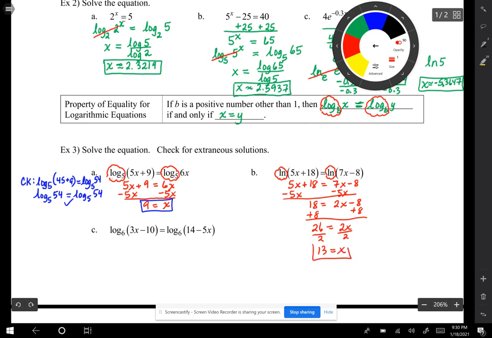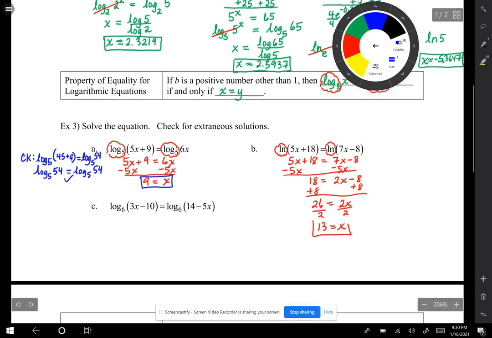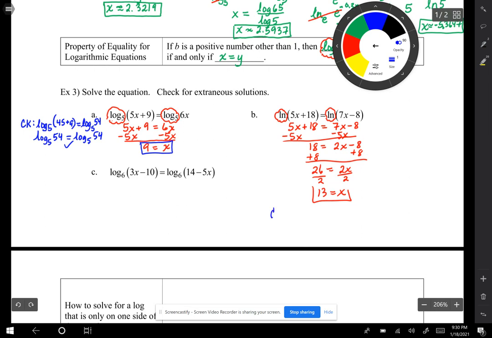Oops, I did not mean to circle it because we need to check it first. So let's check it. I guess I can check it down here. Okay, so natural log of 5 times 13 is 65, plus 18. I'm checking this answer always back into your original equation.